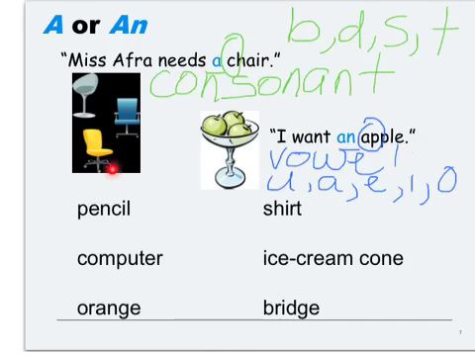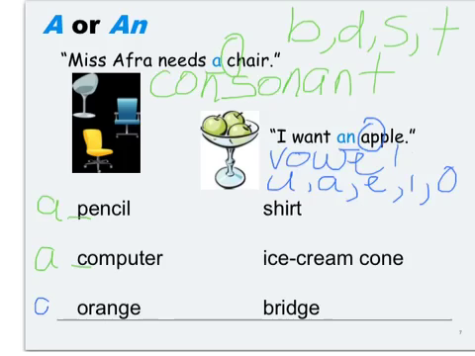Now let's look at the words below and decide whether you should use a or an. For our first word, we say a pencil because P is a consonant. We also say a computer because C is also a consonant.